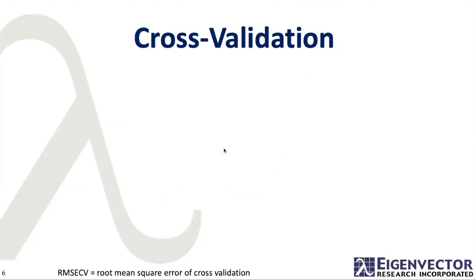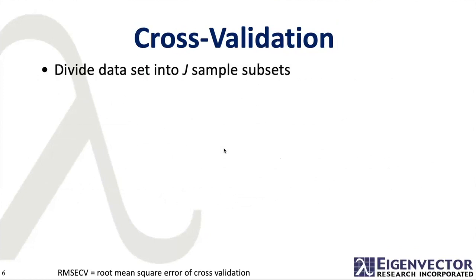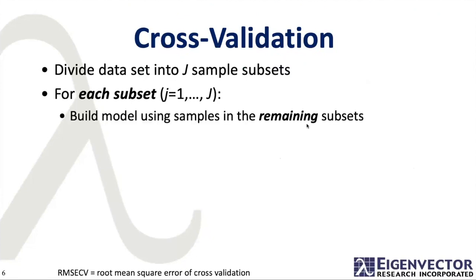So how do we do cross-validation? The general idea is that we take our data set and divide it into J subsets. Then for each one of those subsets, we build a model using the samples in the remaining subsets.